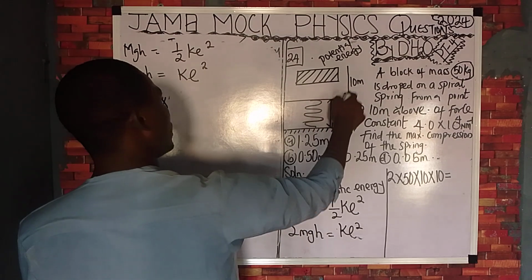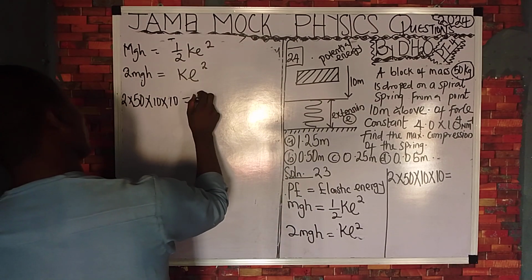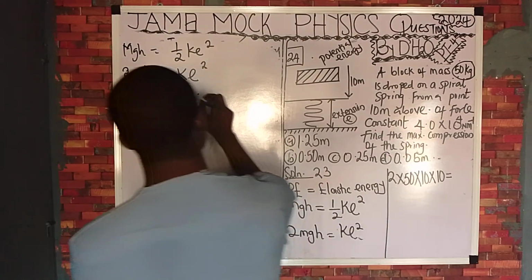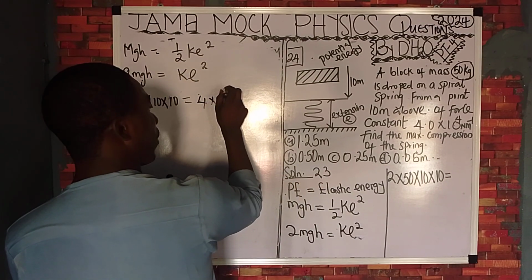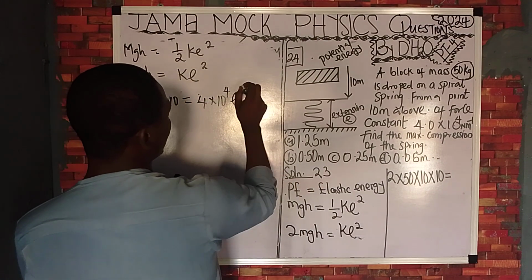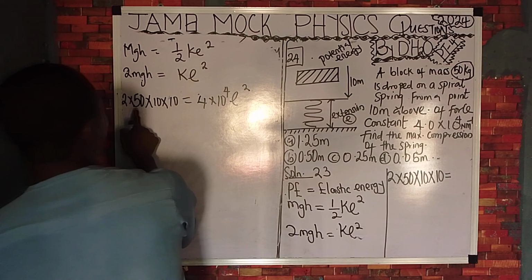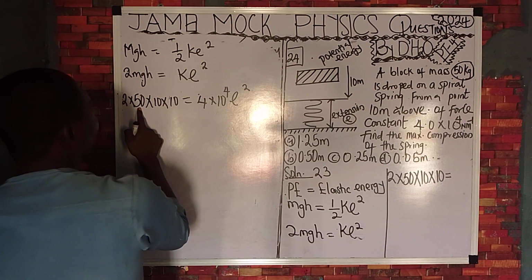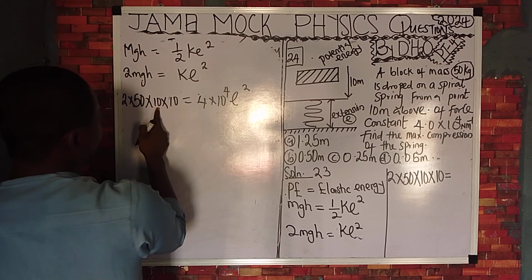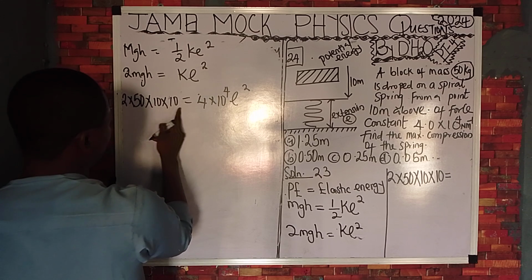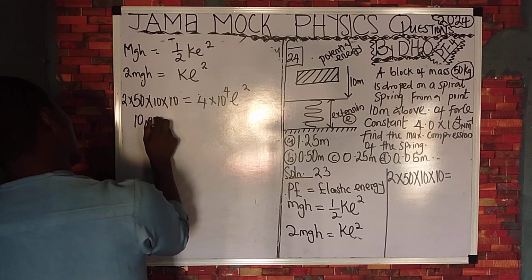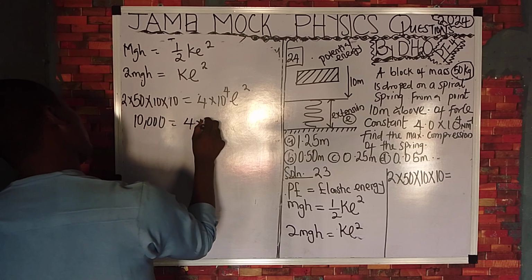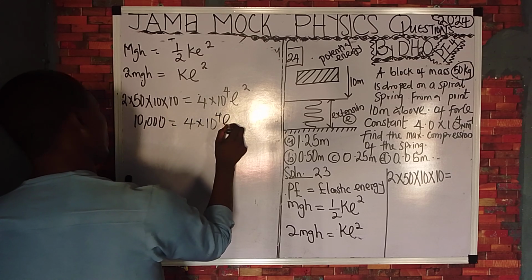Your height is 10. Equals k. K is 4 times 10 raised to power 4, e square. So let's multiply 2 times 50. That will give you 100. 100 times 10 will give you 1000. Times 10 will give you 10,000, equals 4 times 10 raised to power 4, e square.